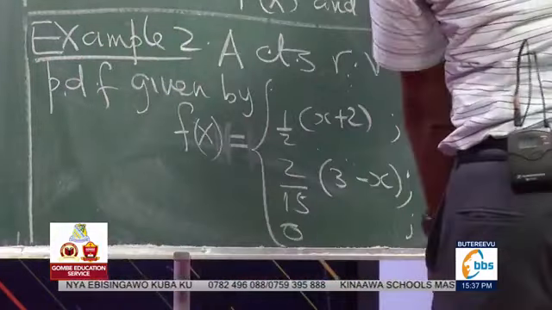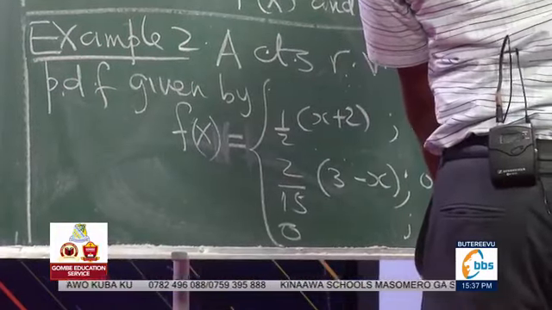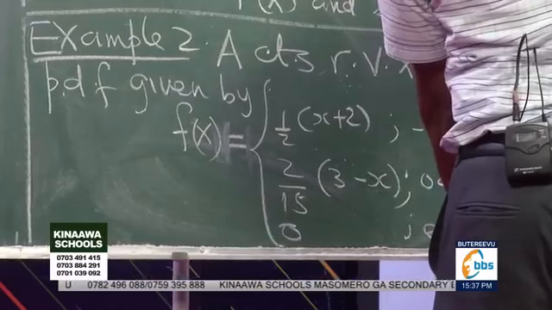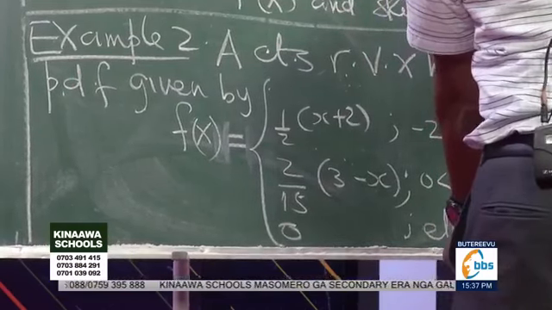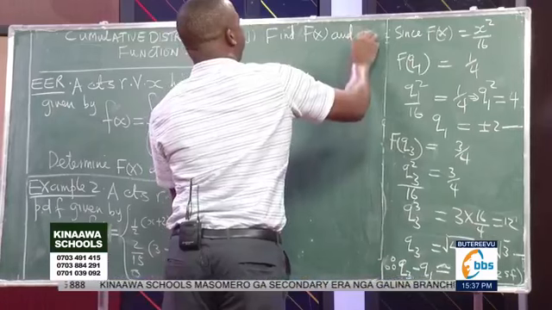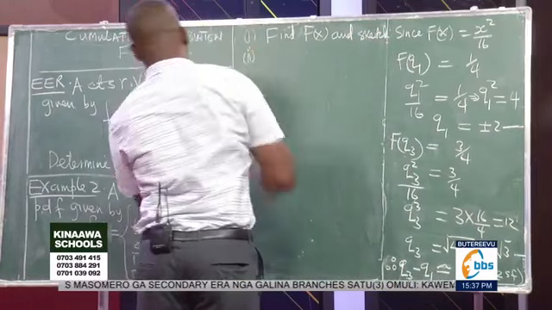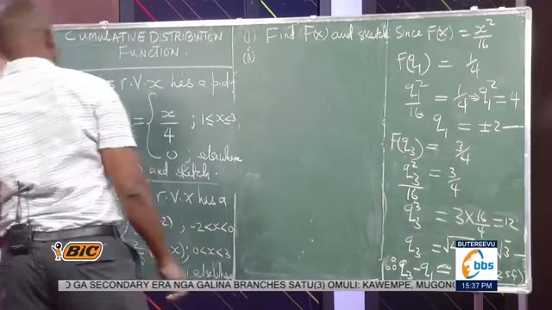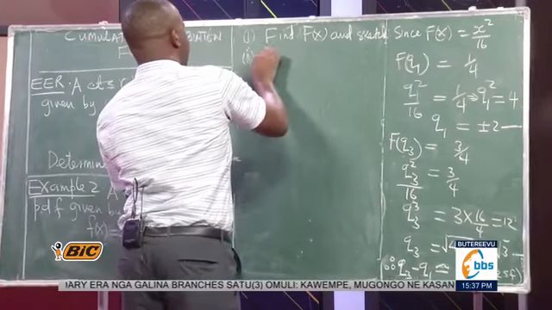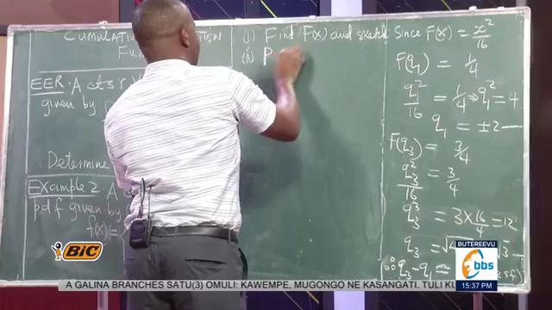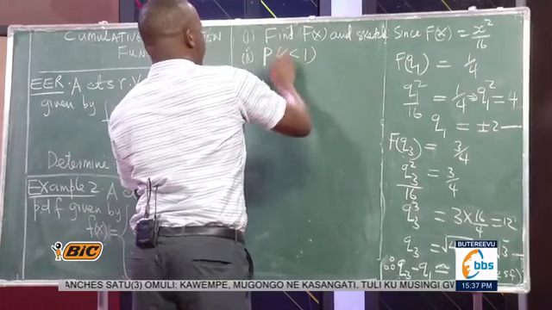Definitely, they want us to find the cumulative distribution function and sketch it. Part 2, that is different from the first part, they want us to find the probability that x is less than 1.